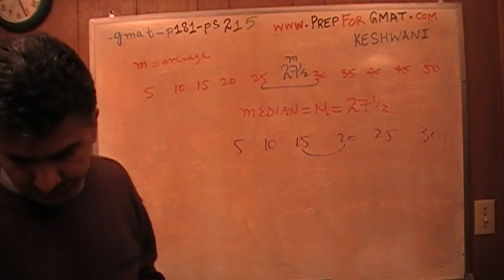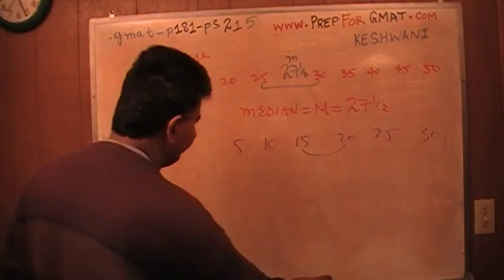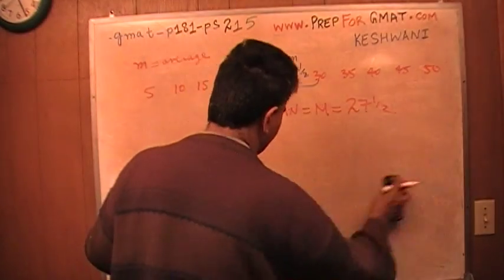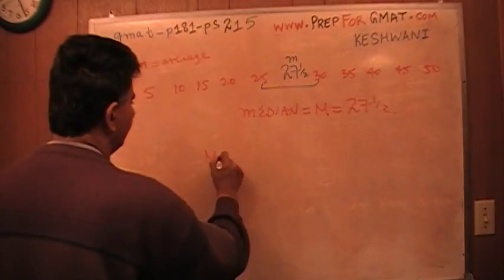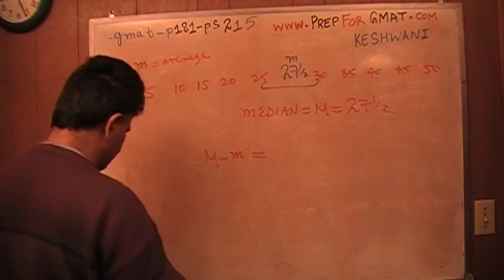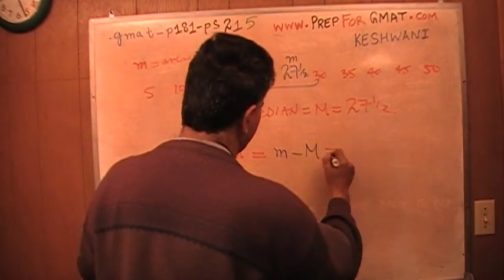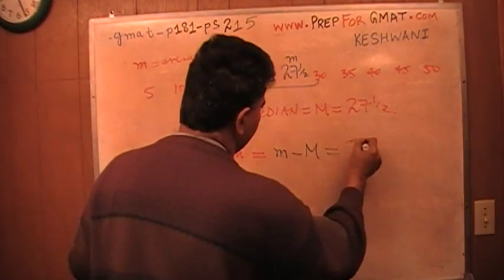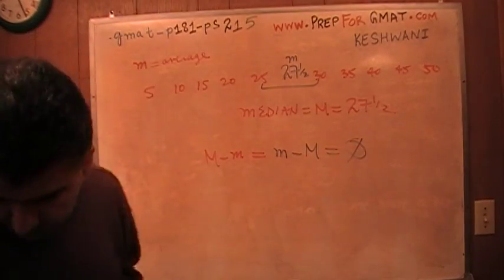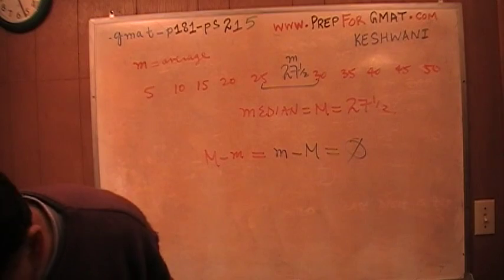The answer is 0. Answer is B. That's all. M minus m, it doesn't matter because they are equal to each other, is a big fat 0. So the answer is B.